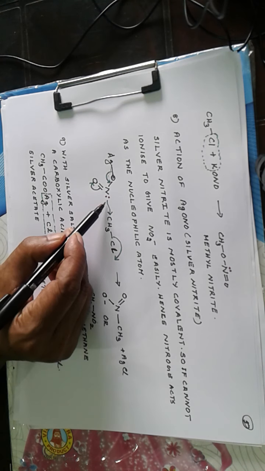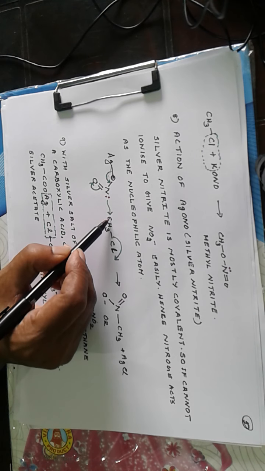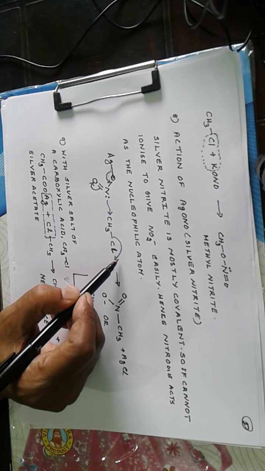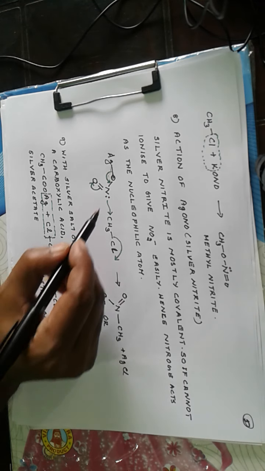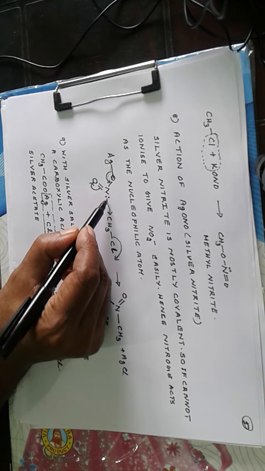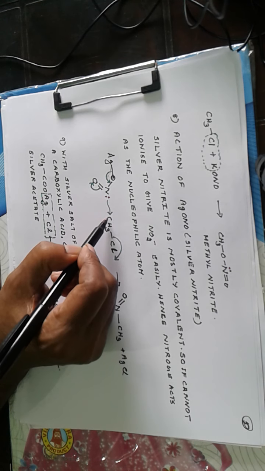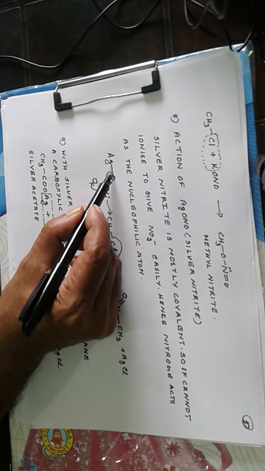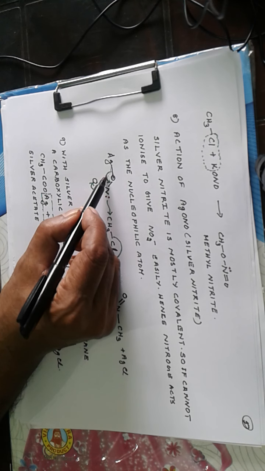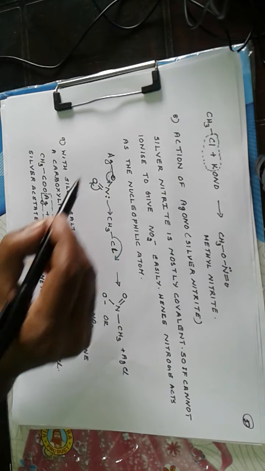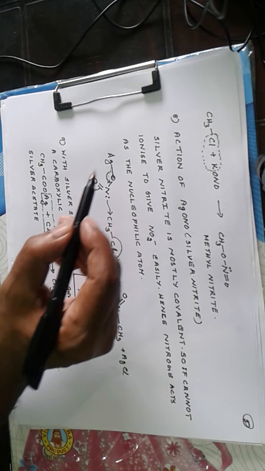The lone pair of nitrogen is given to the carbon of the methyl group with the simultaneous removal of Cl negative, because it is an SN2 reaction. Then when nitrogen donates this electron pair, one electron of nitrogen is given to this carbon, and it gets a positive charge. To neutralize the positive charge, this pair of electrons moves in between oxygen and nitrogen. Then silver gets a positive charge.